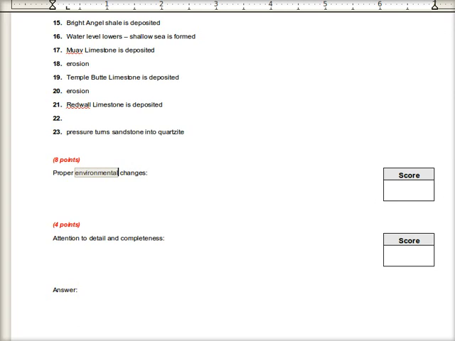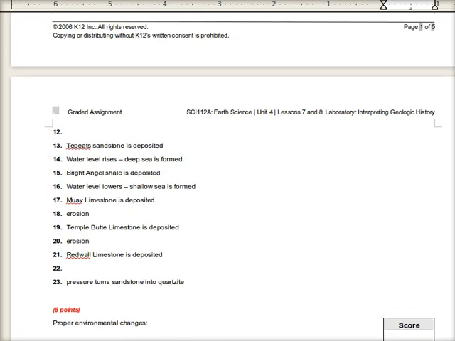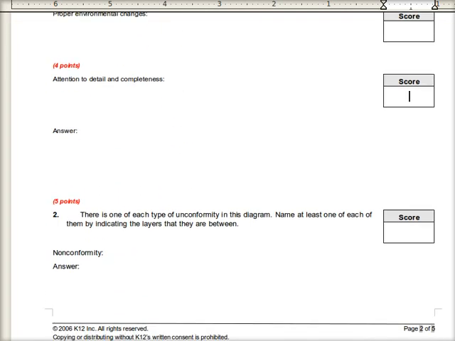So as long as you have both of those correct, you'll get full points. Plus there are these points that are kind of like bonus points, attention to detail and completeness. I don't know how to grade those, so as long as your work looks pretty good to me, I'm going to give you full points for that.